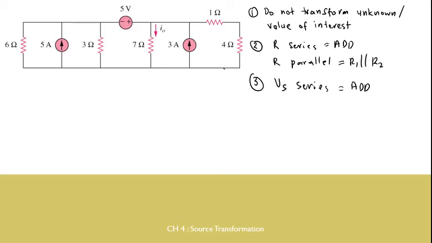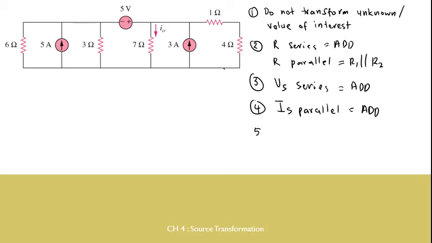And if you find that you have IS in parallel, current sources in parallel, then you can also add. But you need to observe the rules, going up positive or going down negative. And series depends on the last slide we had.